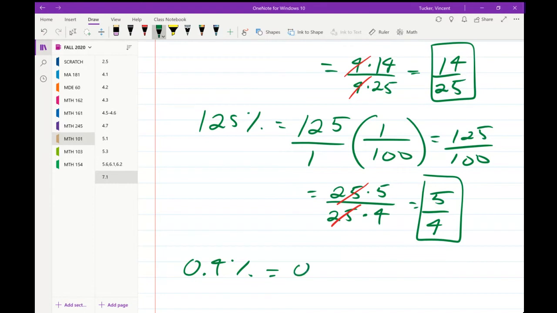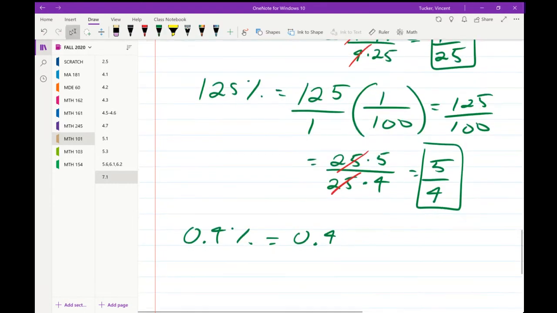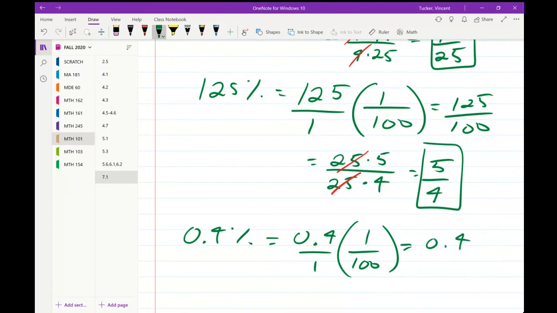All right, one more like this. 0.4%. Same process. 0.4 over 100. But we do need to remove that decimal. So in order to do that, we can multiply 0.4 by 10. But whatever you do to the bottom, you have to do to the top as well.